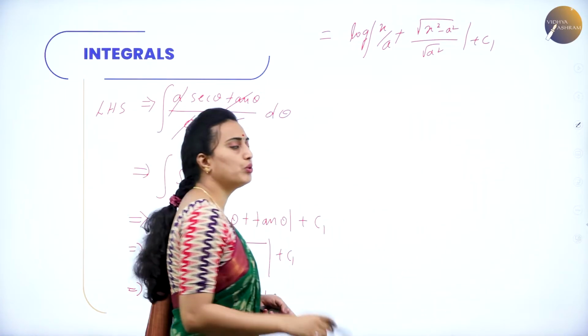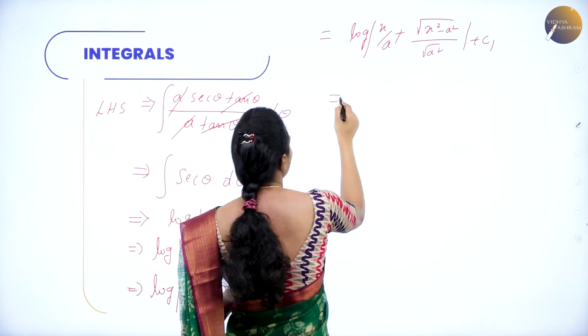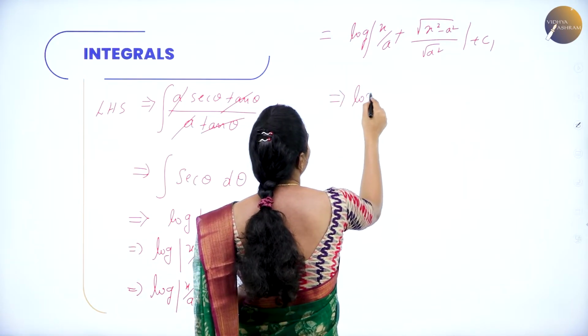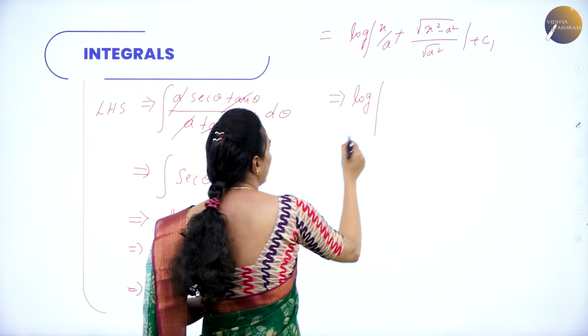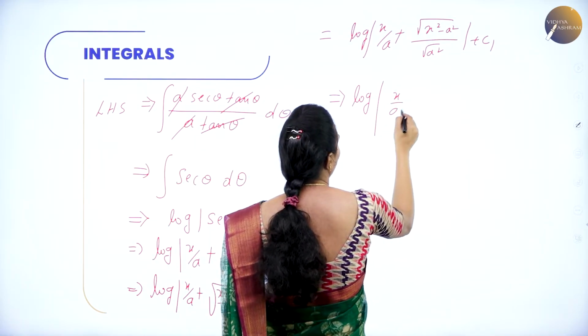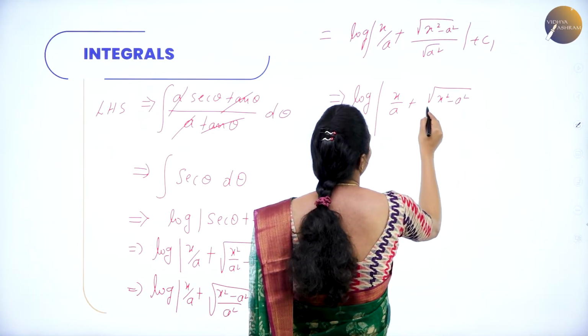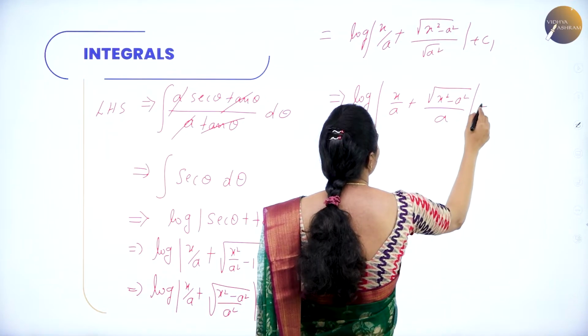Now dear students, you came to know about the substitution I have done. Now here you can take it as log of modulus of x by a plus under the root of x squared minus a squared divided by a plus c1.